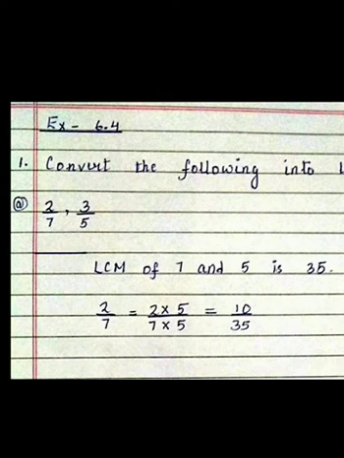35 divided by 7 gives 5, so that means 7 into 5 is 35. So if we multiply the denominator by 5, we will also multiply the numerator by 5, so we will get 10 by 35.